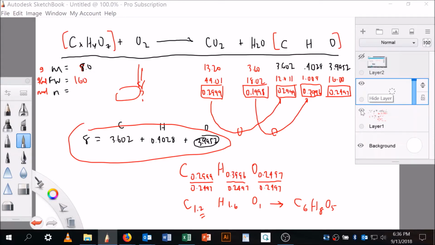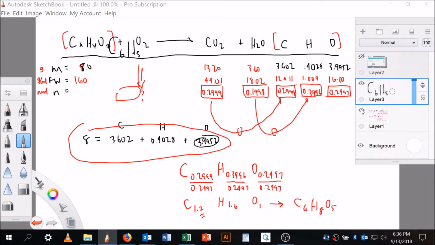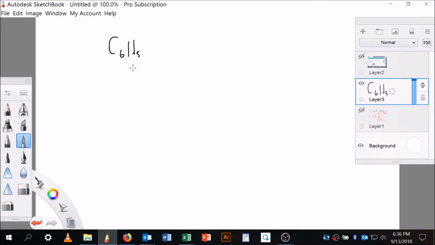I see it's C6H5O8, right? Let's go back to black. C6H, no, that's not right. C6H8, I think it was, right? H8. C6H8O5, right? And so let's find out the formula weight of this thing first.